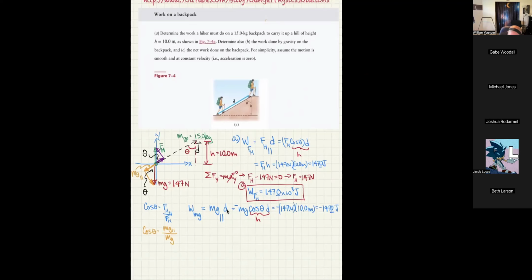So the work done by gravity is actually the opposite of the work done by the hiker. That's going to be really relevant later when we learn about the work-energy theorem. So we can now say that the work done by mg is equal to negative 1.47 times 10 to the third joules.